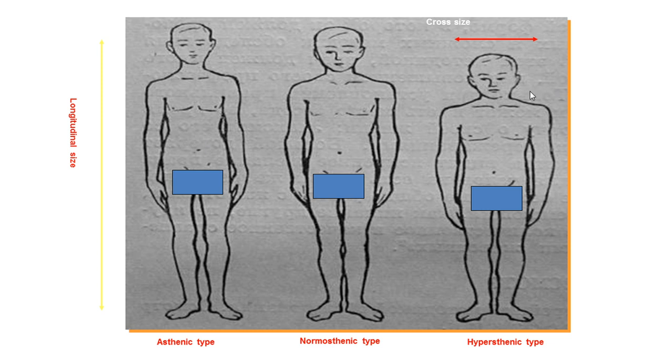Here is hypersthenic type, where we have prevalence of cross size. We have very large shoulders, a large waist, a barrel chest, and the flow of ribs has a horizontal direction. Also you see the epigastric angle is more than 90 degrees.